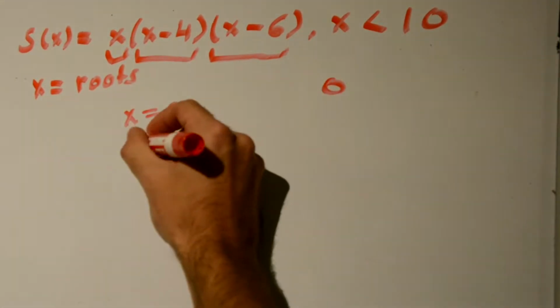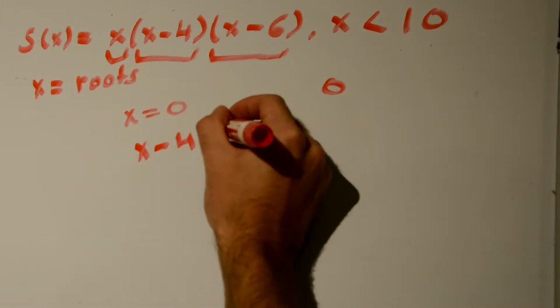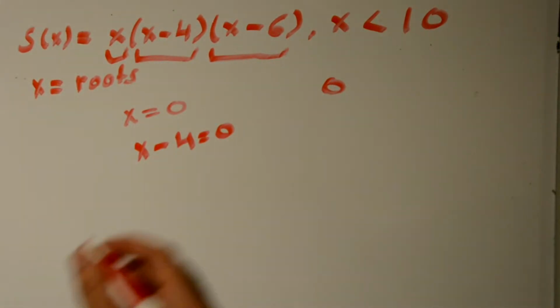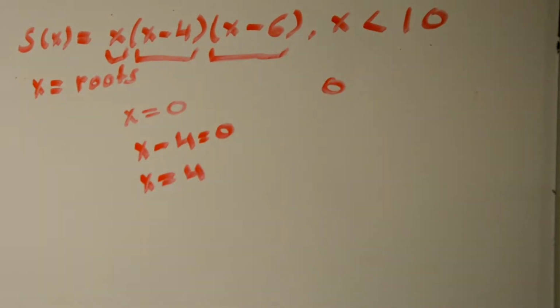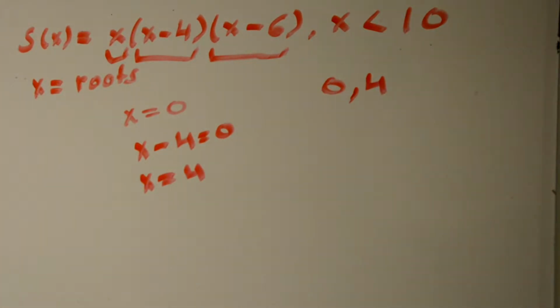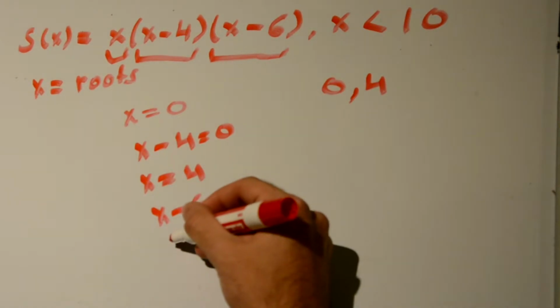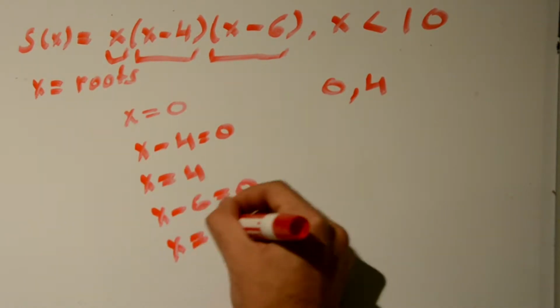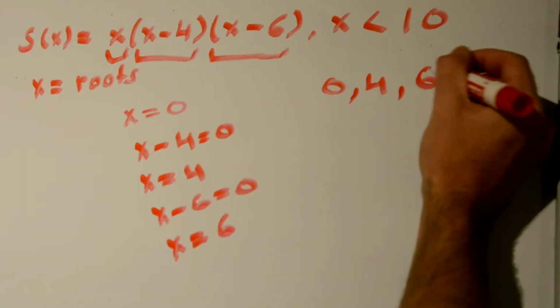Now, x minus 4 equals 0. To solve this, we just bring the 4 over, giving us x equals 4. Therefore, 4 is another one of our roots. And for the last part, x minus 6 equals 0. Bring the 6 over, x equals 6, meaning that our last root is 6.